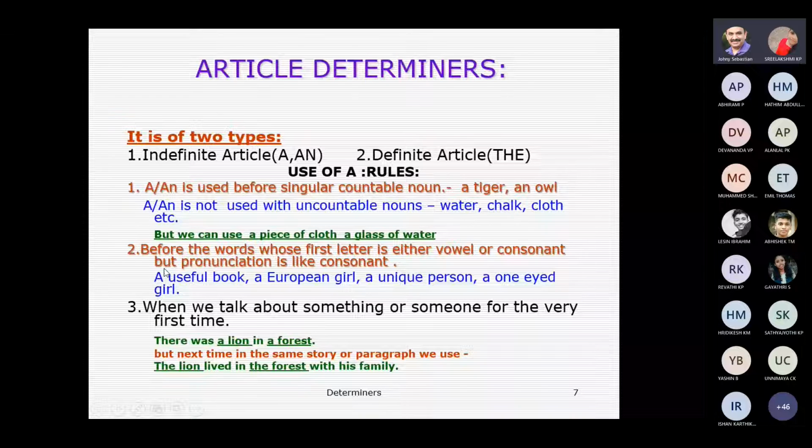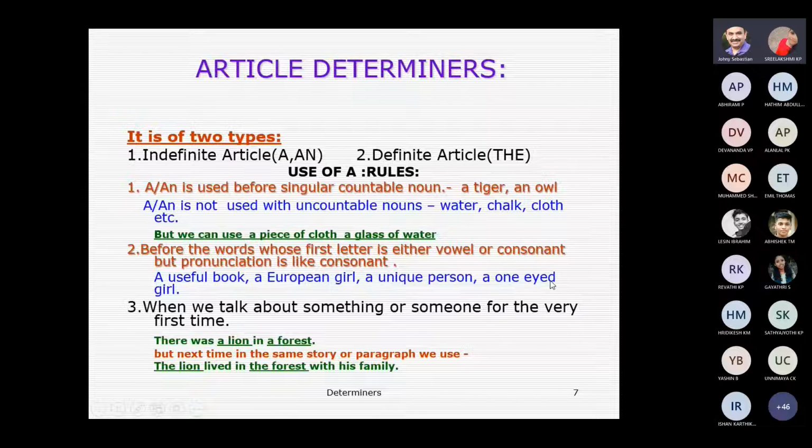We don't say an European, we say a European, again a consonant sound. A unique, not an unique. A one-year, a one-eyed girl.